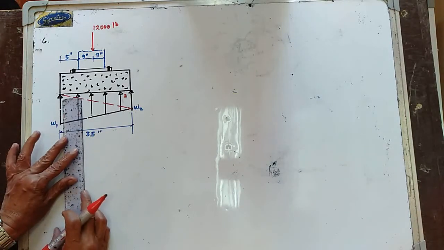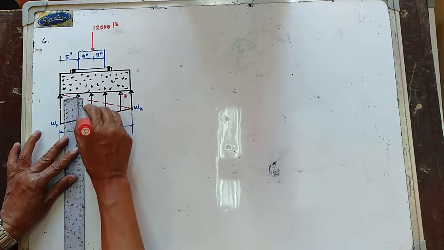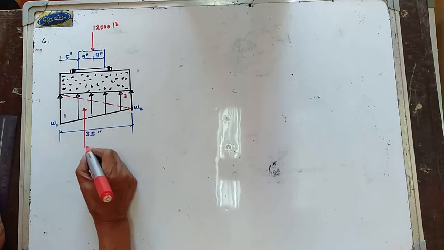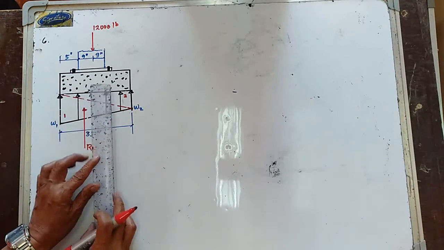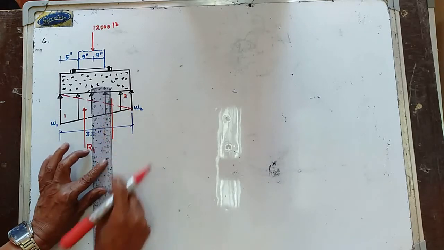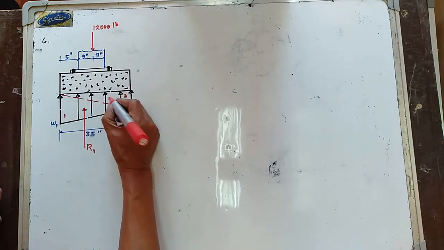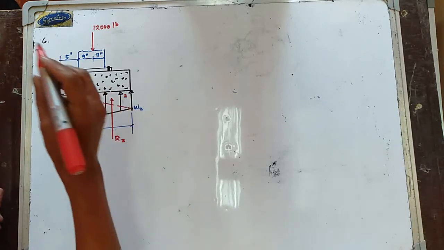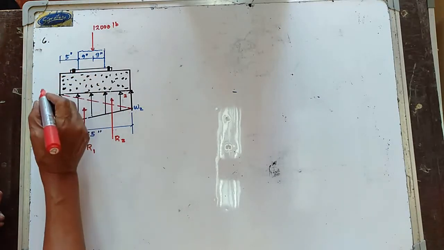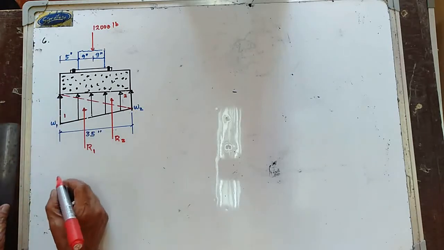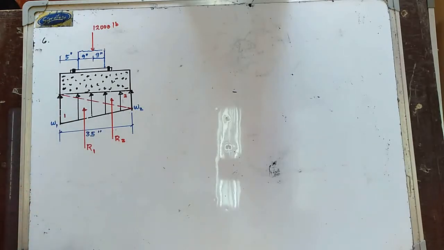I'm going to consider this one in here as R sub 1, and the other as R sub 2. So first, let us try to determine the value of R sub 1.